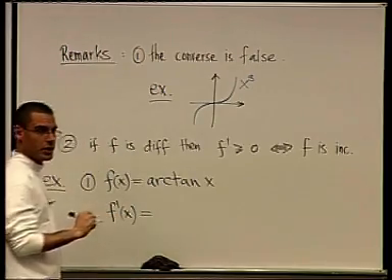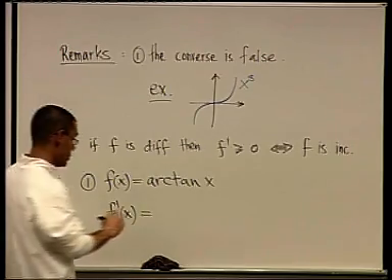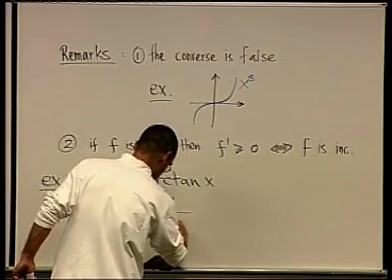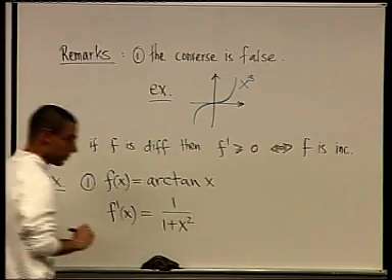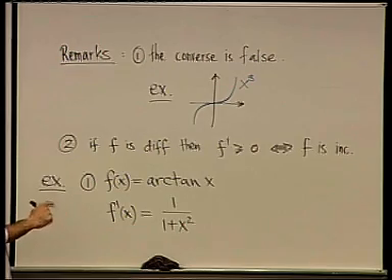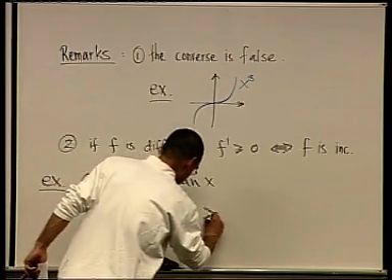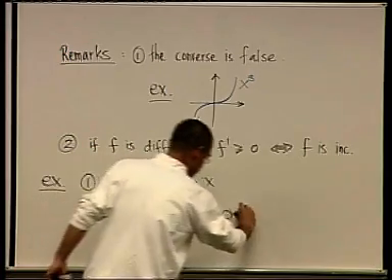What's the derivative of arctan? I left you that as an exercise last time. 1 over 1 plus x squared. Remember this one. This is an important one. You should remember it. This is positive for any x.